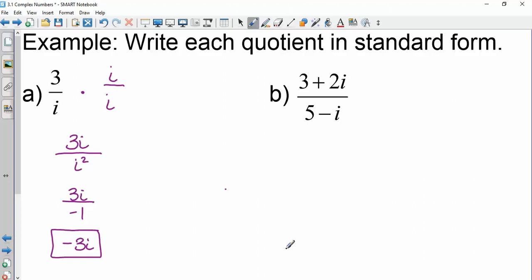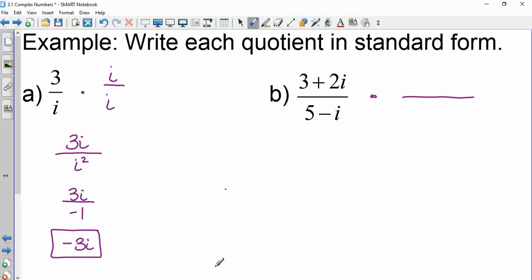Now B. Don't write this down for a second. Let me just, if all I did was multiply by i again. On the bottom, you distribute and you get 5i minus i squared. Is that going to make my i go away? No, it just moved the i. So because I have 2 terms on the bottom, we can't just multiply by that i.